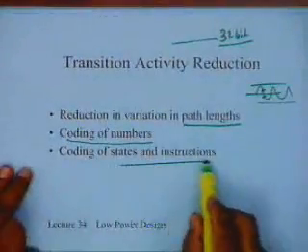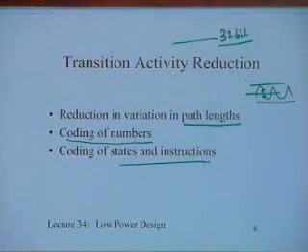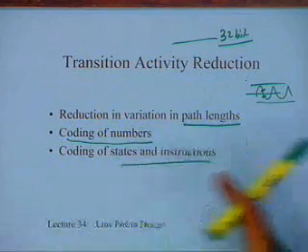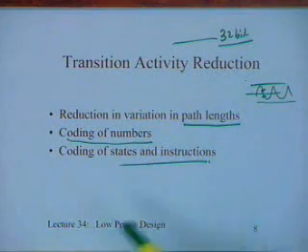Similarly, when you talk of processor design, you can also code your instructions in such a manner that you generate fewer transitions. If there is a certain sequence of instructions that are going to be executed, the number of bits that are going to change can be decided by looking at how often these instructions are executed with each other.